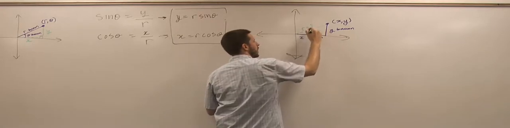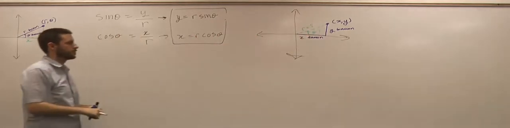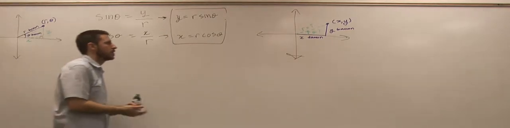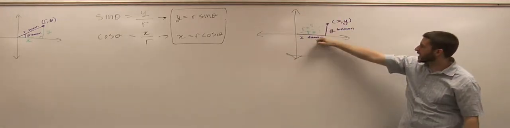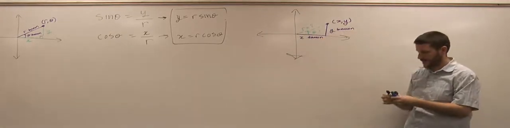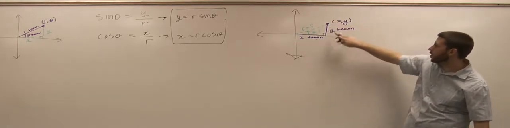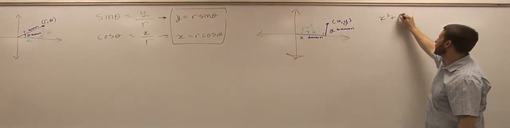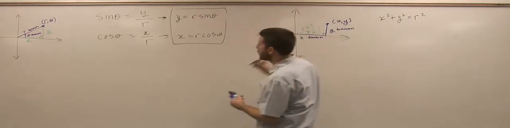So I want to figure out r, and I also want to figure out theta. So let's start with r, because that's the easiest. What relates x, y, and r? X squared plus y squared. Pythagorean theorem. Right triangle, if you know the two legs and you want the hypotenuse, use the Pythagorean theorem. So that'll solve for r.